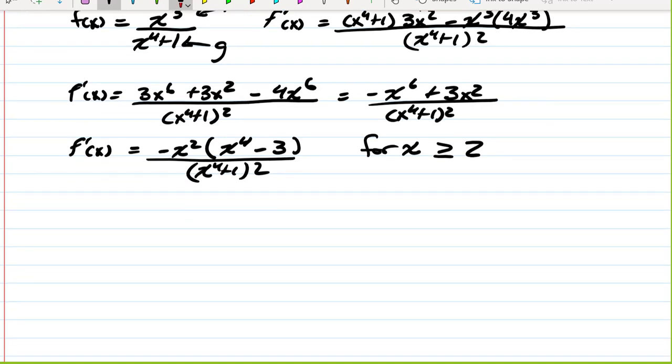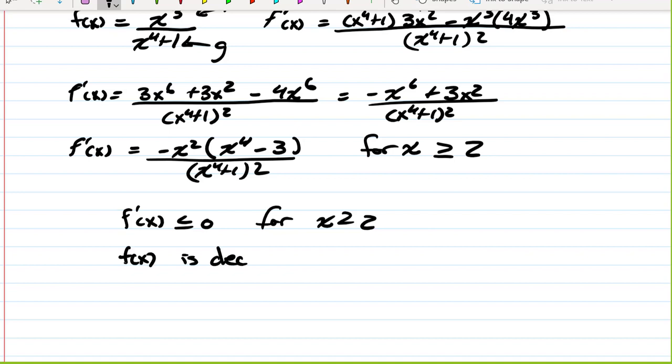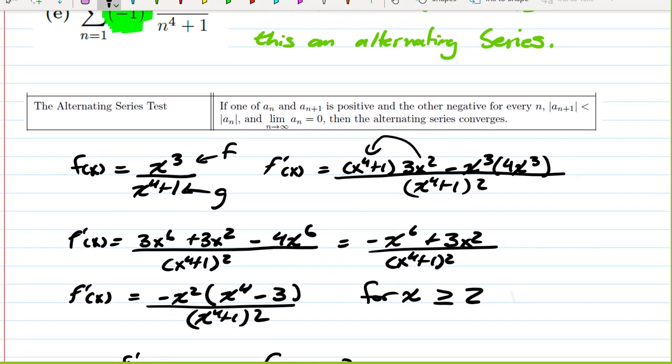So we have f prime of x less than or equal to 0 for x greater than or equal to 2, which means f of x is decreasing for x greater than or equal to 2, because the derivative tells us about the slope.